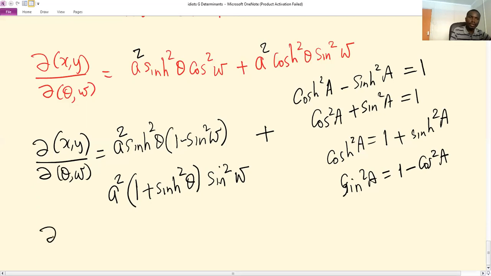So from which you have this Jacobian will be: factor out a squared.